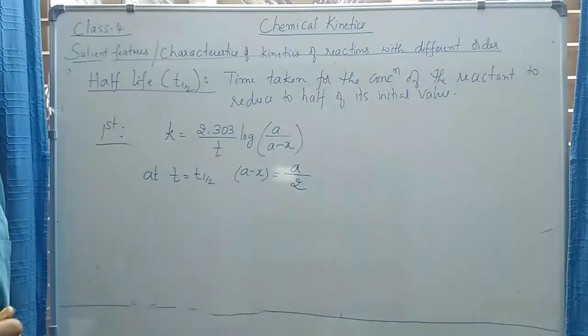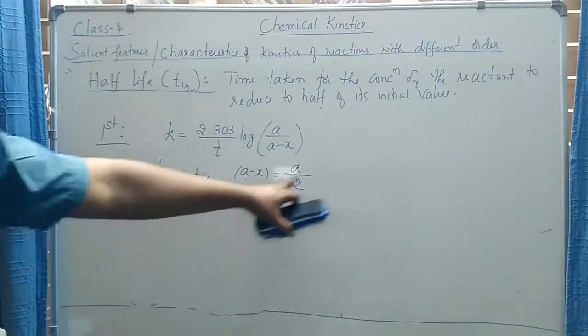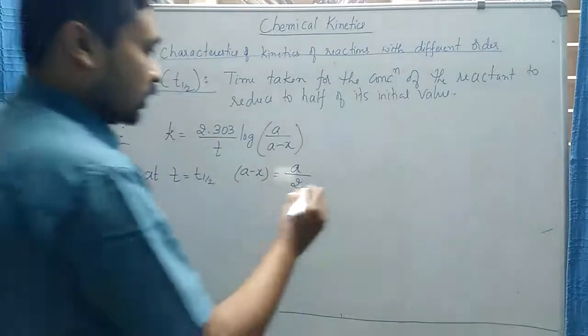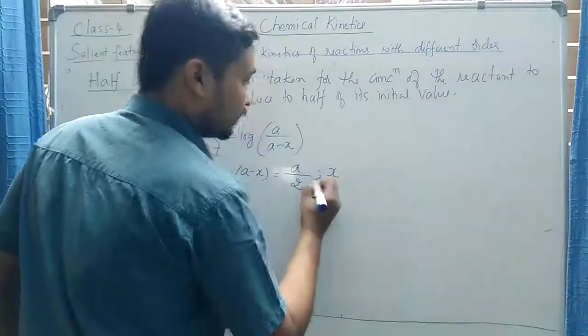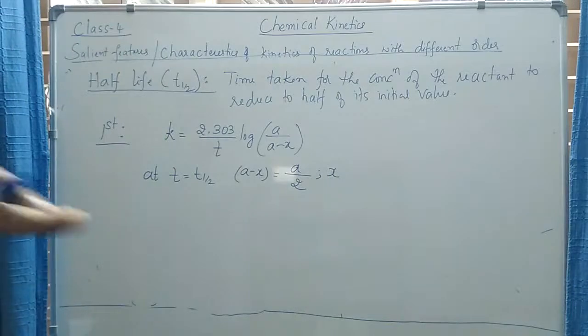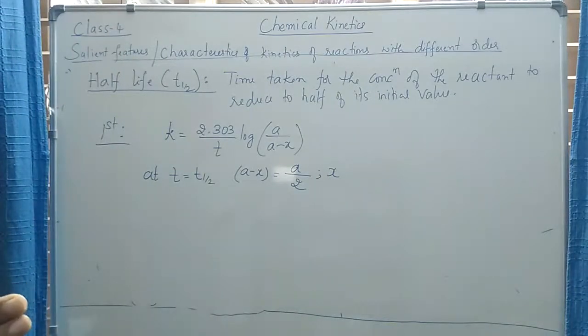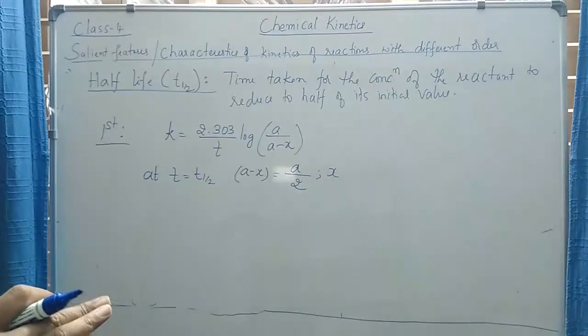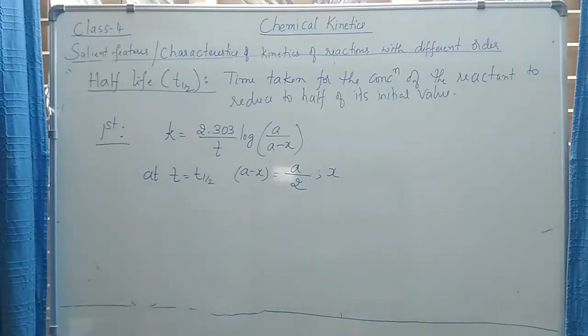So if I have taken 10,000 molecules, how many molecules of reactant A are remaining unreacted? That is half of 10,000, that is 5,000. So A minus X will be equal to A by 2, and X, what is X? It is the concentration of the reactant which has already undergone reaction. Now out of 10,000 at T is equal to T half, 5,000 is remaining unreacted. What does it mean? The other 5,000 has already reacted.